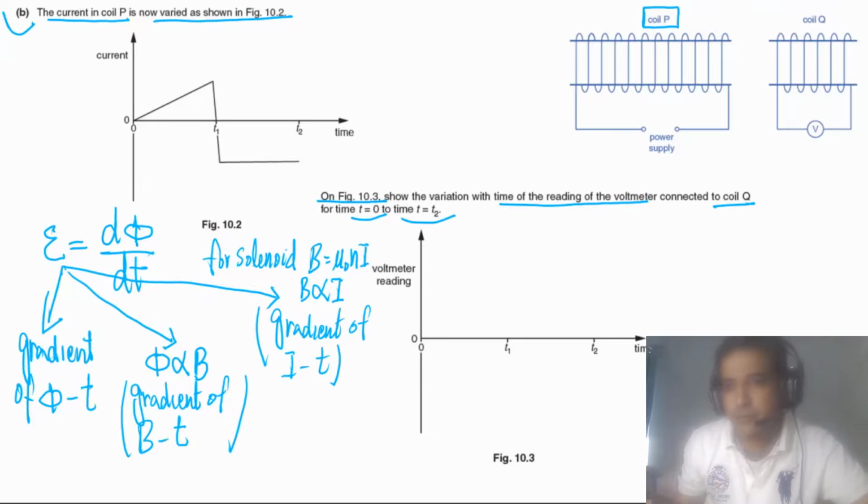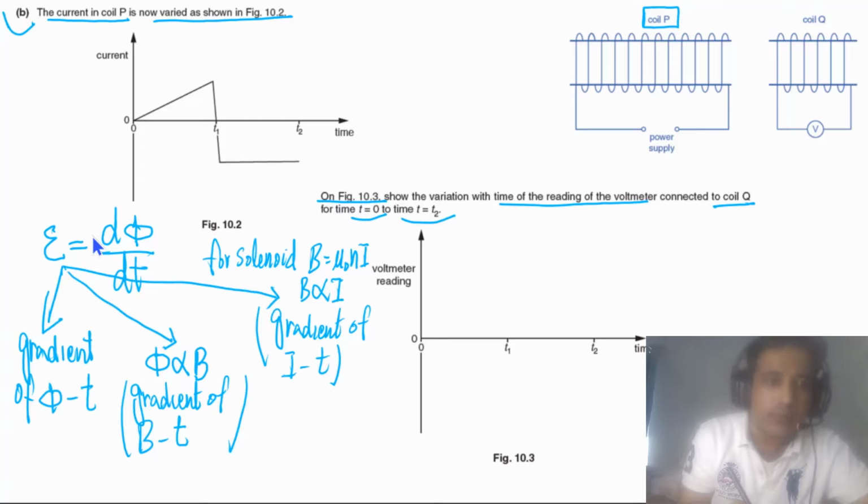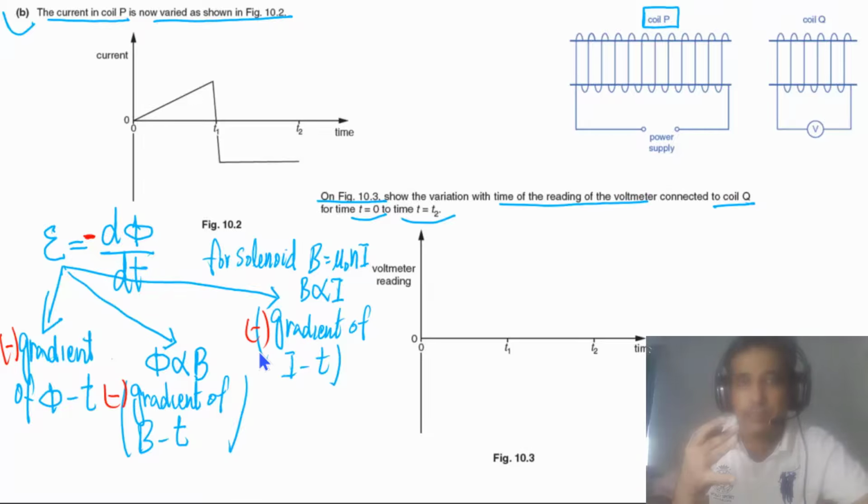But for EMF you need to understand we have a negative sign here due to Lenz's law. So it means the negative gradient of the I-T graph is representing EMF.